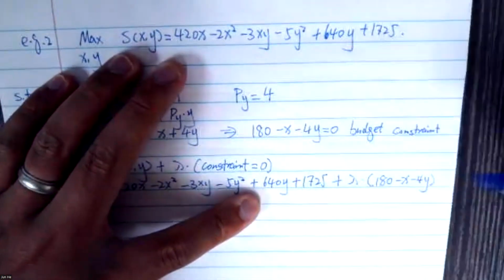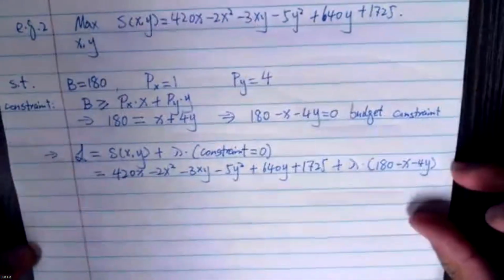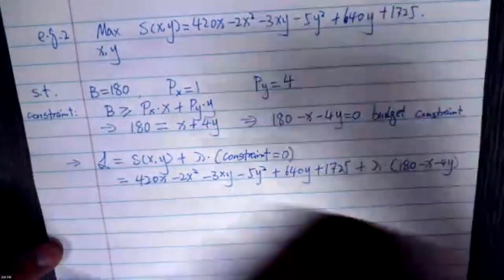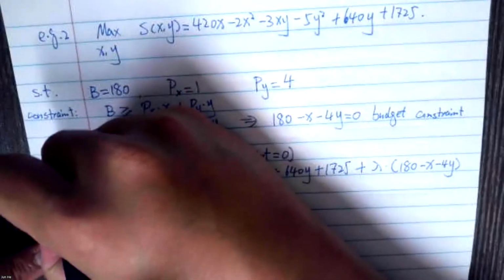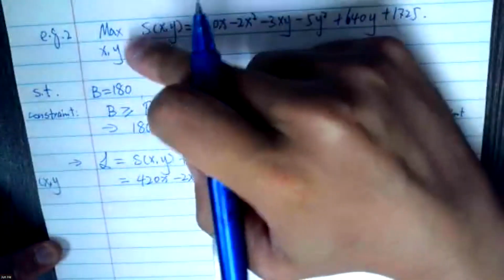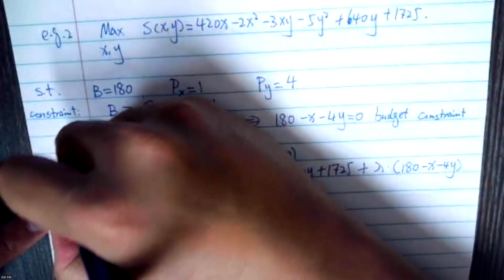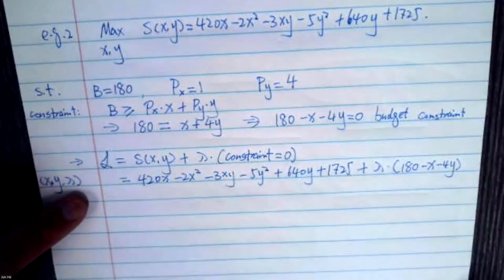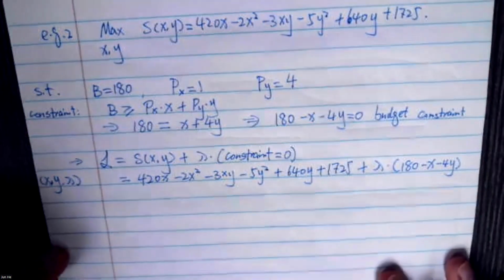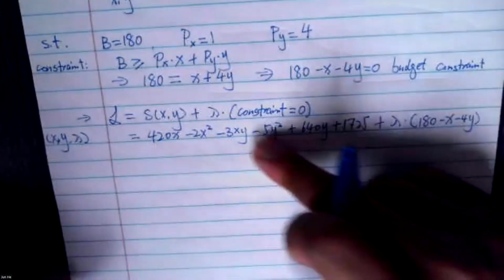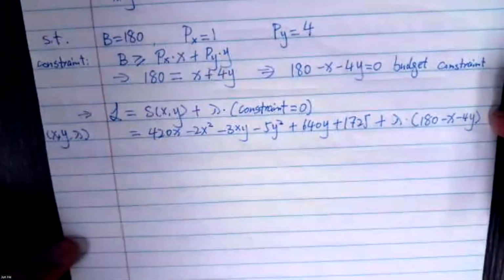Okay. Then, as you're doing this, you should bear in mind x and y, which are your choice variables, remain as variables, and also you introduce a new one, lambda, to ensure that this constraint is binding.